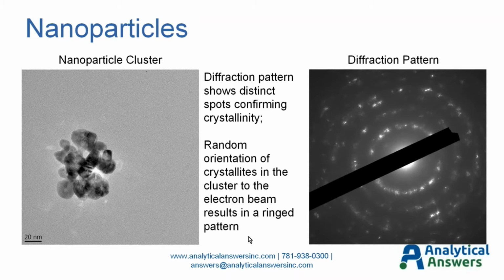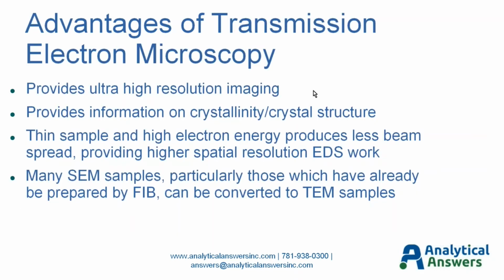Again, that's due to the random orientation of the crystallites present in this cluster to our incoming electron beam, and they scatter and give diffraction spots along the radius of these various circles. If we had even more material in this region, we would have even more orientations, and these would fill in into ring patterns, much as you get in a powder diffraction pattern.